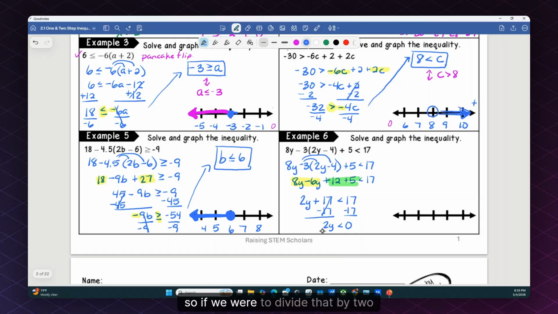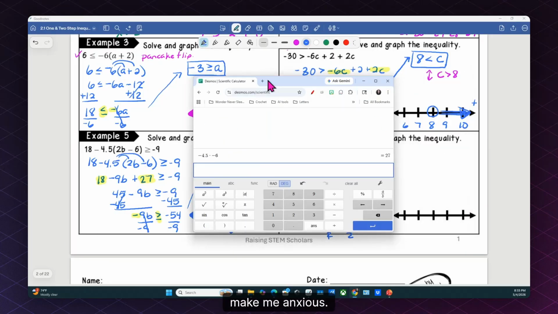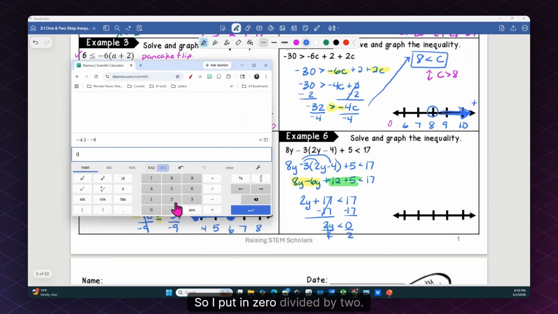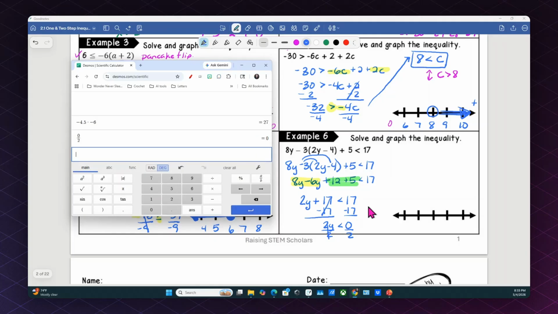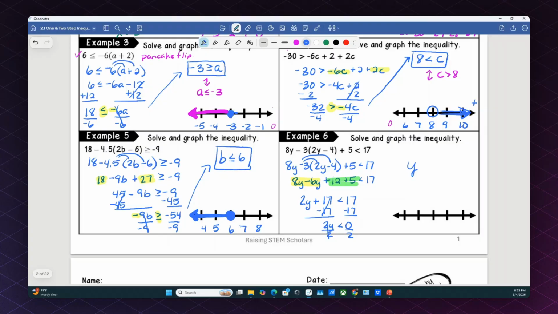So if we were to divide that by 2, and we grab our calculator because we're all anxious. The zeros just make me anxious. So I put in 0 divided by 2. Oh, it's 0. Okay. So this is telling me my answer is y is less than 0.